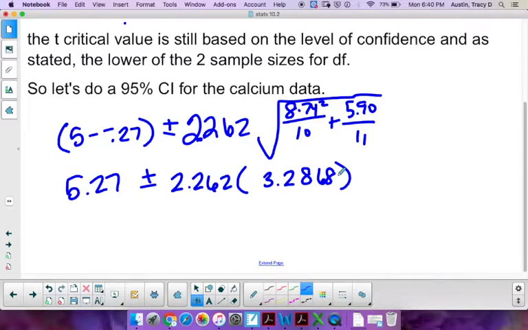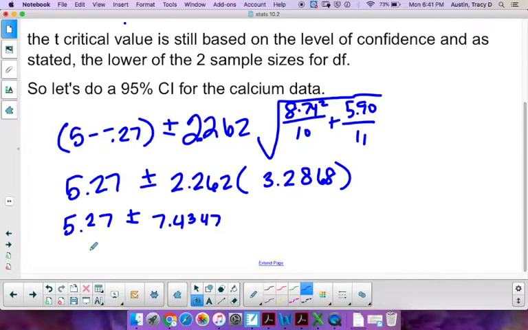If you only take them out to 2 decimals, your answer is still considered acceptable, as long as you round correctly. That's 0.2868 times 2.262. Again, I'm doing this by hand with the Desmos calculator. You should be doing this quite a bit faster than I am.